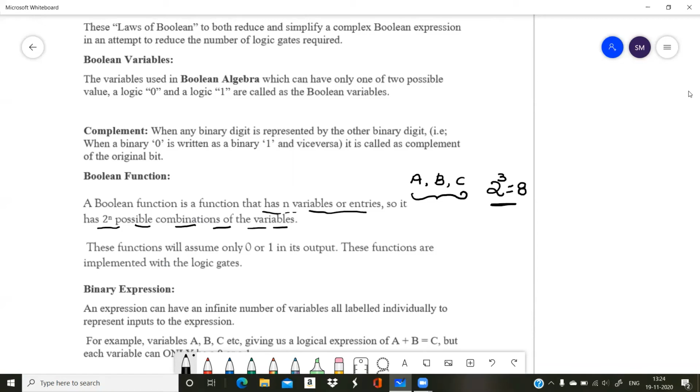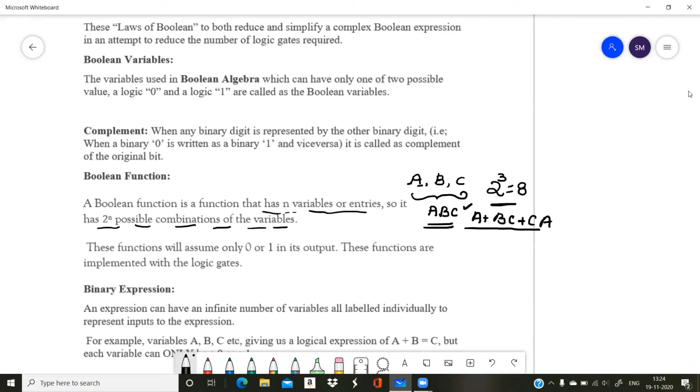So all these combinations, with the original variable and its complement, are called the functions of Boolean algebra. Okay, the combinations we can write: A, B, C, A plus B, C plus CA, like this we can write the expressions. So all these are termed as the functions of Boolean algebra.